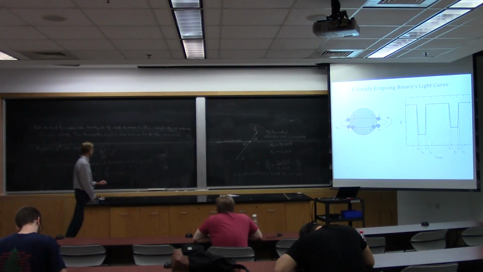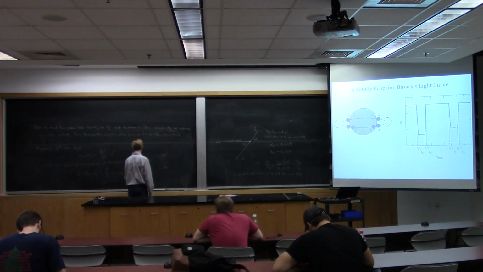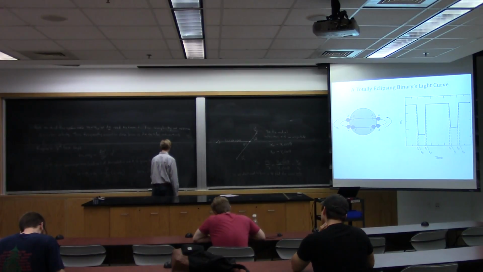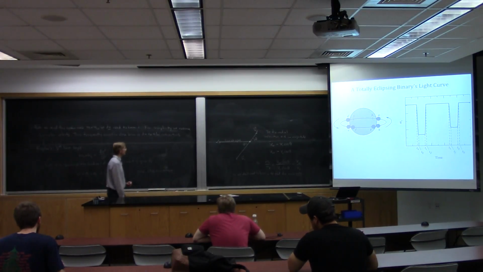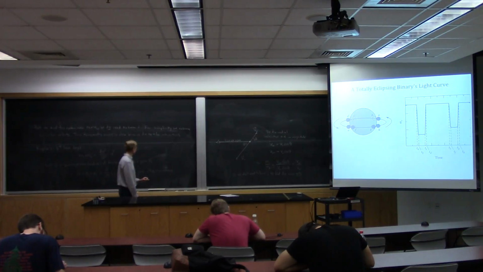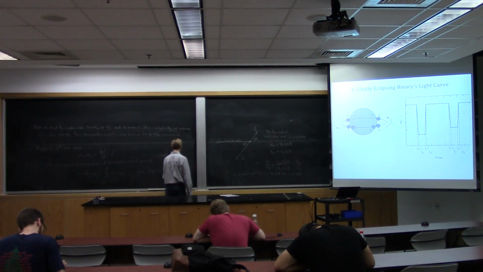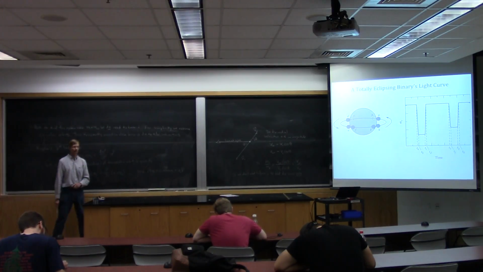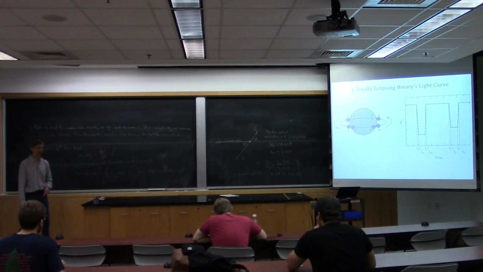And that's simply because, for example, 2 pi A1 will be the circumference of the orbit of star 1, and the circumference is just speed times time: speed 1 times the period.